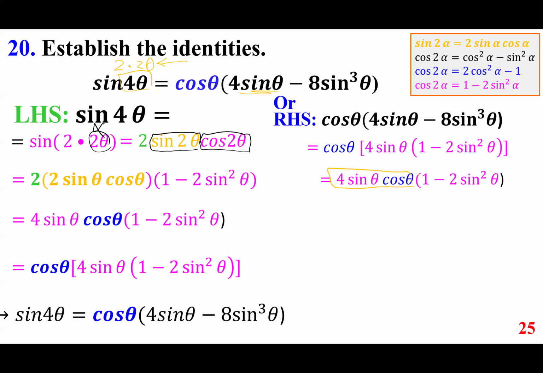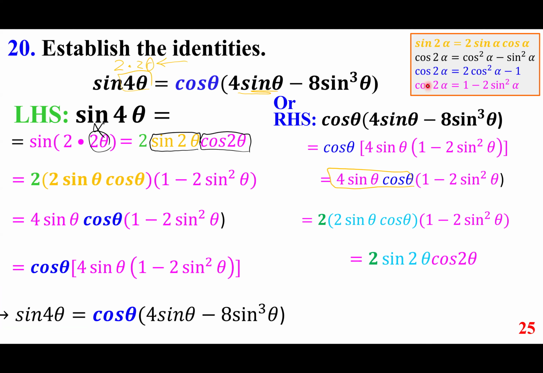This piece is 2 times 2 sine theta cosine theta. And again, we write that because we want it to be clear that this is sine of 2 alpha. This one is cosine of 2 alpha.